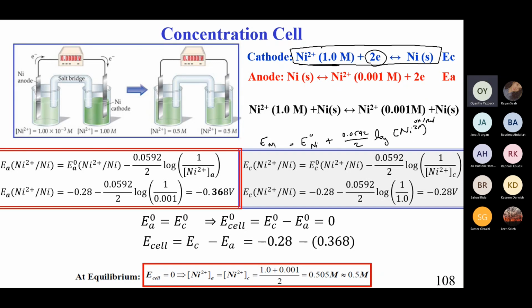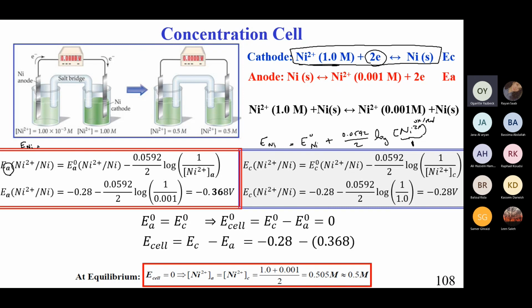Okay, so now here, what is this number? In the cathode side, it's 1, correct? 1 molar. By the way, for the reduction reaction at the anode side, does it differ from this equation?